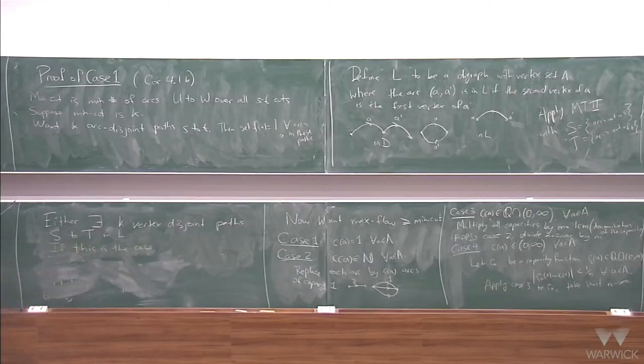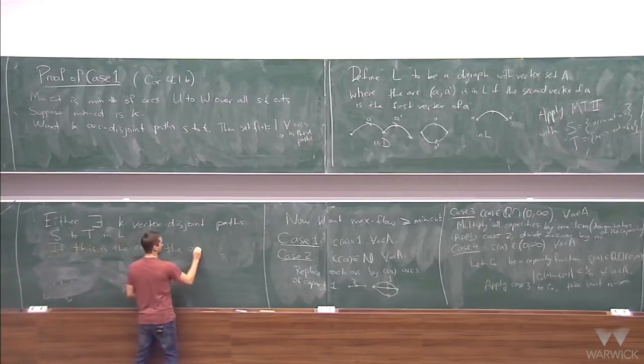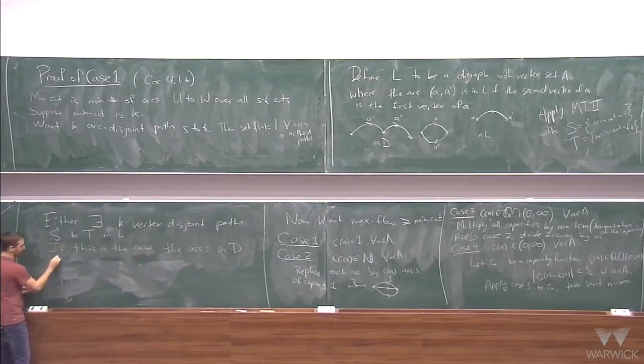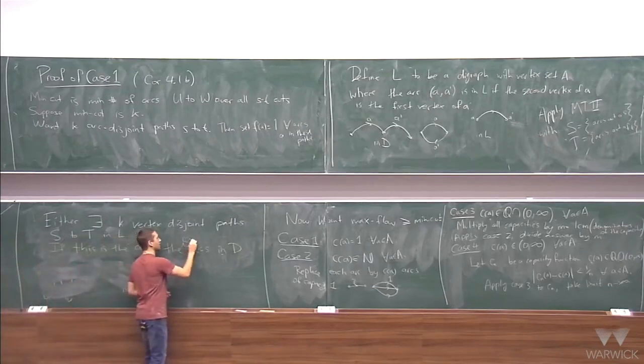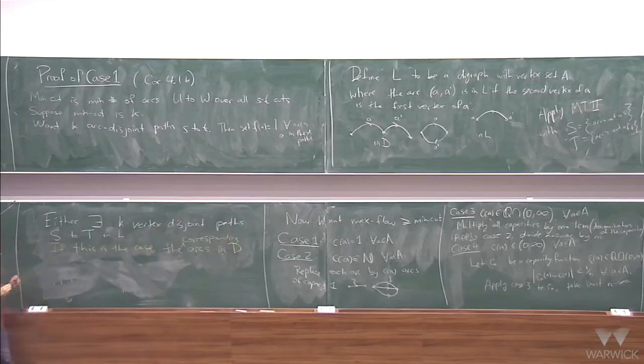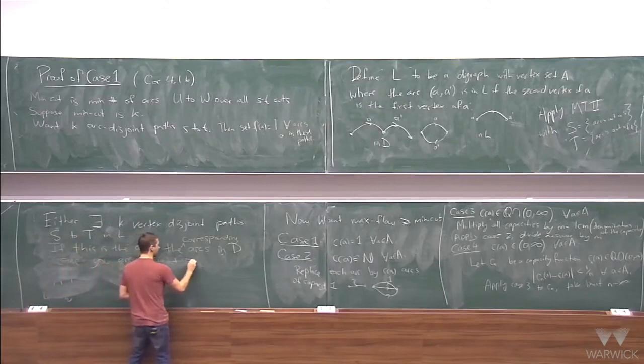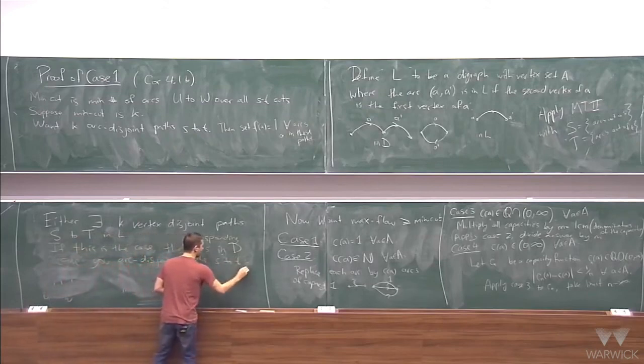The vertices of a path in L correspond to arcs of D, because vertices of L are arcs of D. Technically speaking, the corresponding arcs in D are not quite arc disjoint paths, but if you take things minimal, and I don't have time to explain this, but it's not a terribly important point, they do give you, if you do it correctly, arc disjoint paths S to T in D.